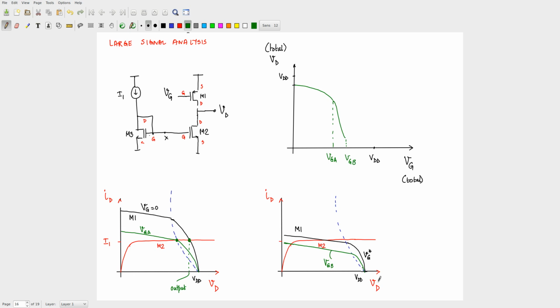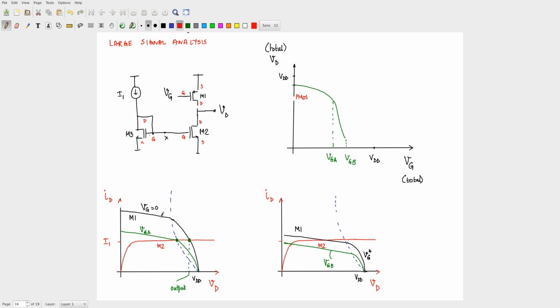Okay. Now, so I can basically name these things here, and then we'll complete this. So in this region, what's happening? Which transistors are in what? Let me not use M1, M2. Let me say P and N. So PMOS is in this region. What is PMOS in? PMOS is in triode, right?